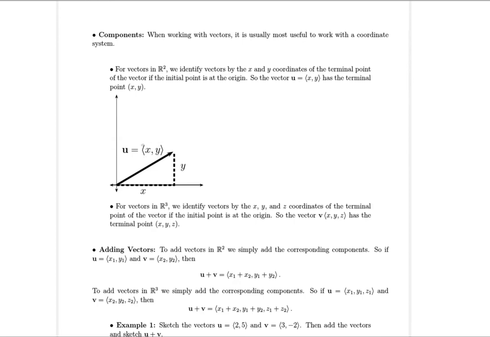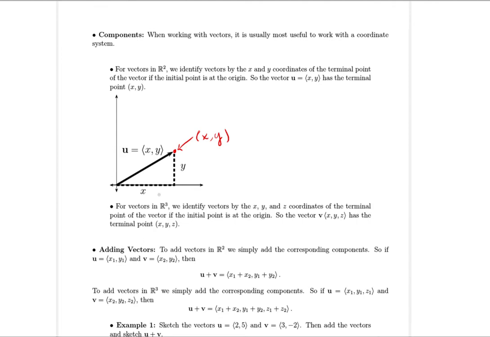We use the angled brackets to distinguish it from just the point (x, y). So this is this arrow here, whereas if I was talking about just the point, I would use parentheses x comma y.